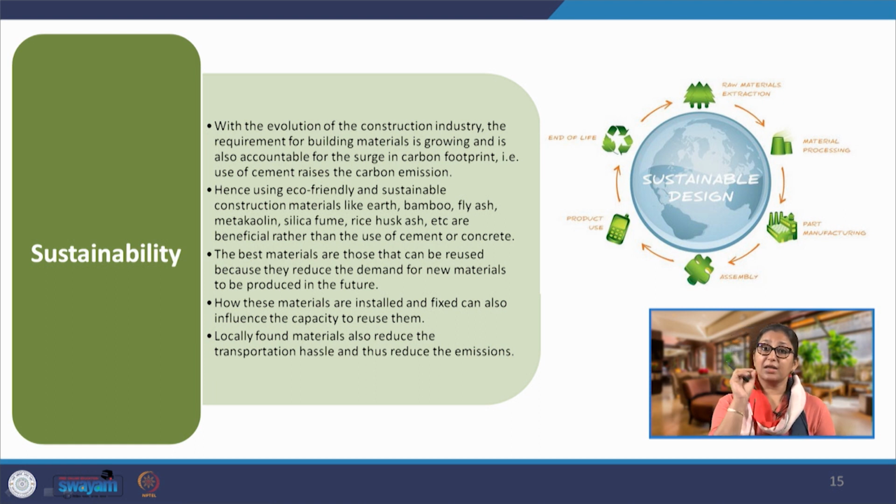So, while emissions is one criterion, there are a lot of other parameters which might be associated with the manufacturing or extraction of this material. From an embodied energy or emissions point of view, stone seems to be environmentally more sustainable, but if we look at it holistically from an environmental impact point of view, then stone is not highly sustainable today.